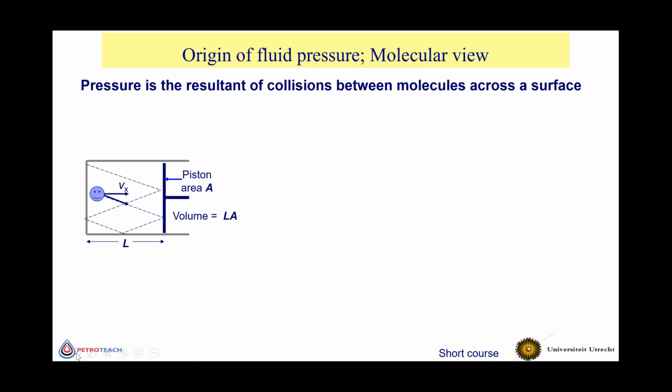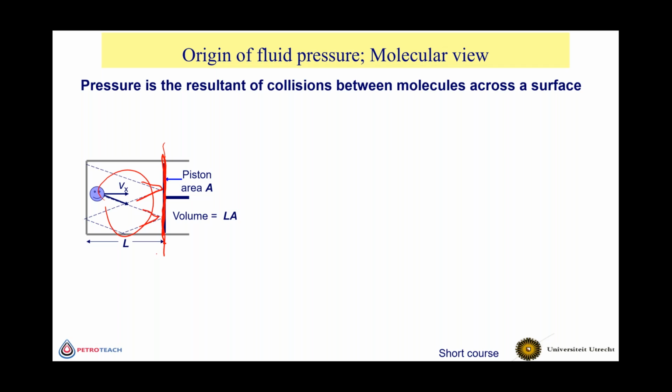If you can imagine an imaginary surface, if you have a bucket and then you have molecules moving around in this bucket, the pressure that the piston feels is the force of molecules hitting it and then going back, hitting it and going back continuously at enormous speed and in a very, very large number of collisions per unit time.